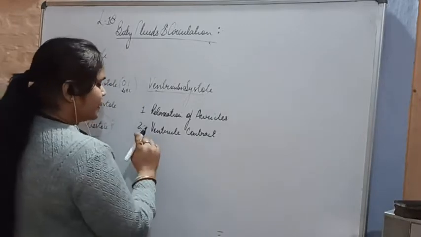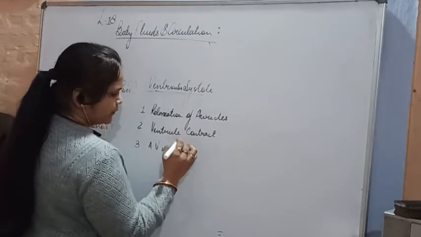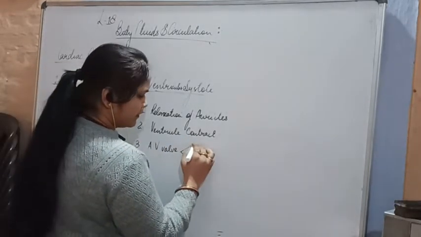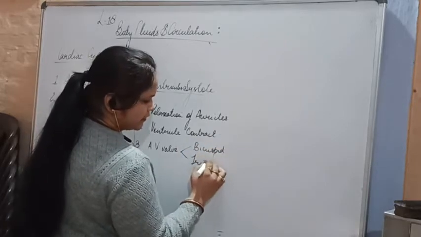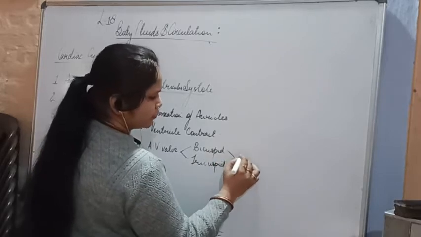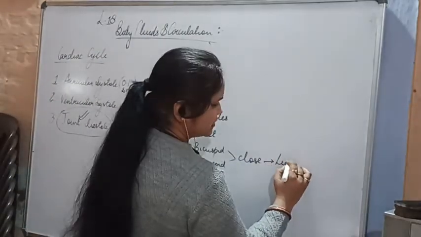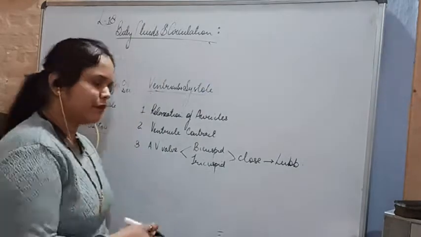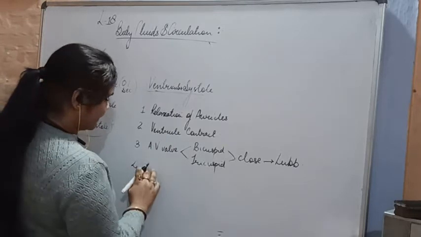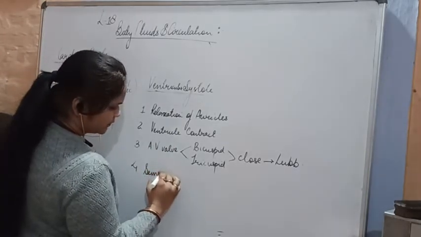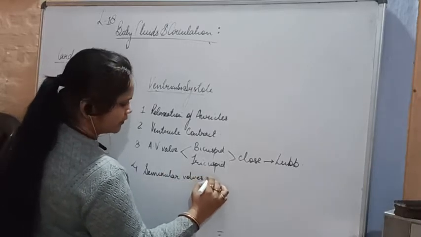The third thing that occurs is the closure of the AV valves, the bicuspid and tricuspid valves. They both close, and then we produce the first heart sound, called the lub. After this, the ventricles are already in a contracted state, and the semilunar valves are going to open.